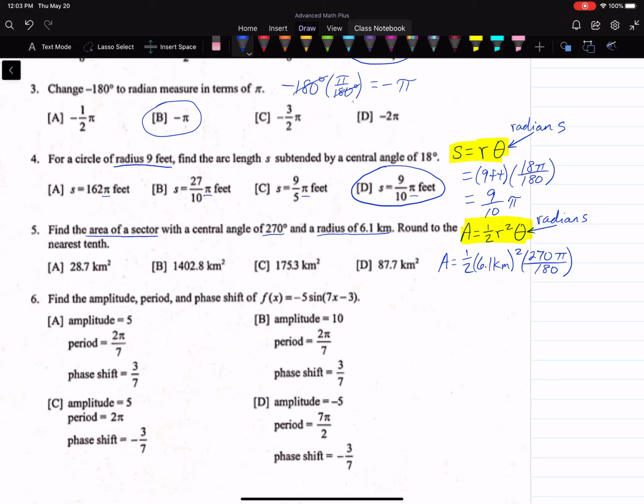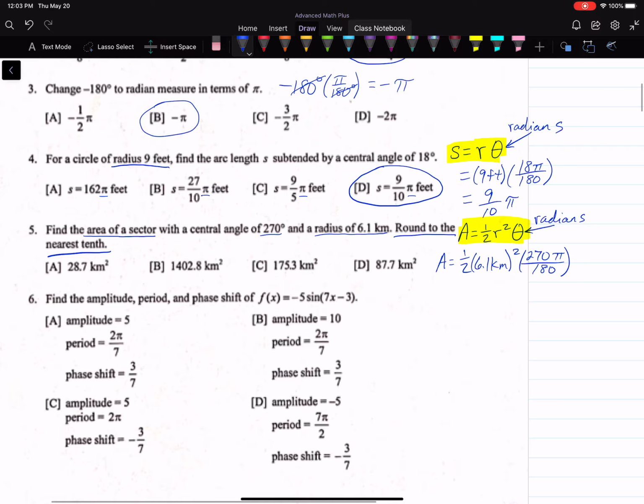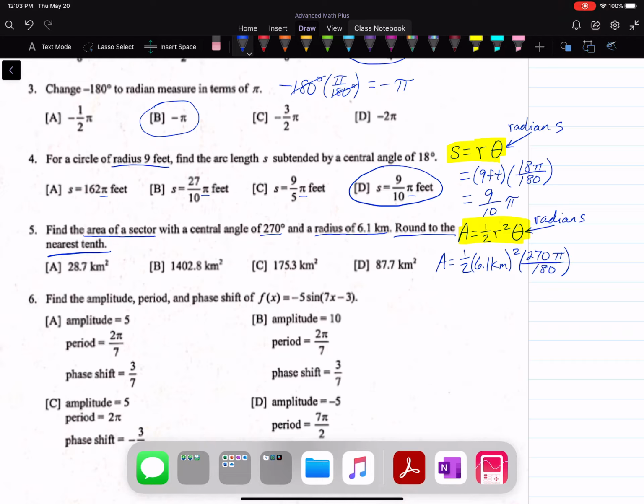So, again, notice on this one we are rounding our answer to the nearest tenth, so when you go to put this one in your calculator, you do need to put the pi. So, I'm going to have to go back and forth here.